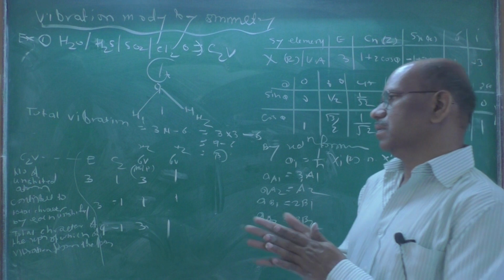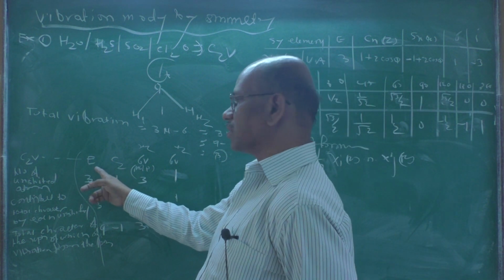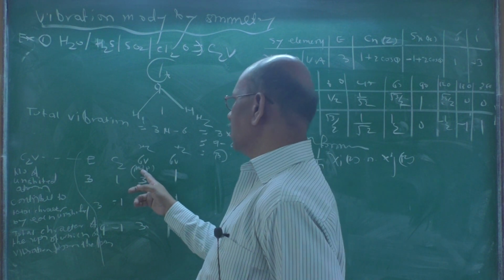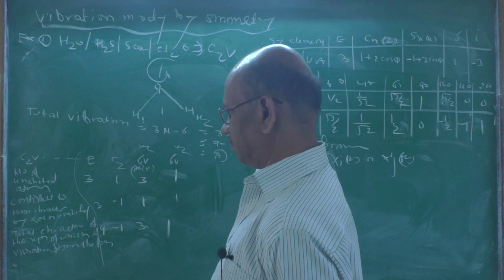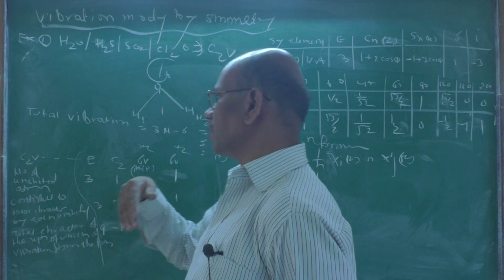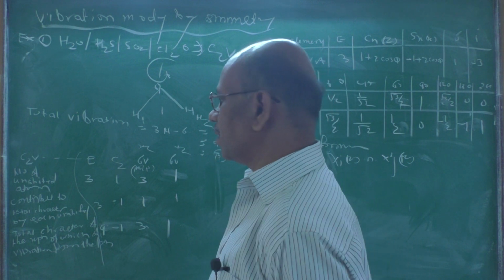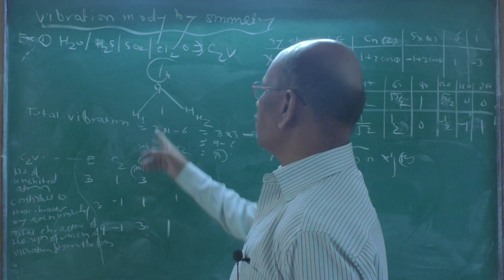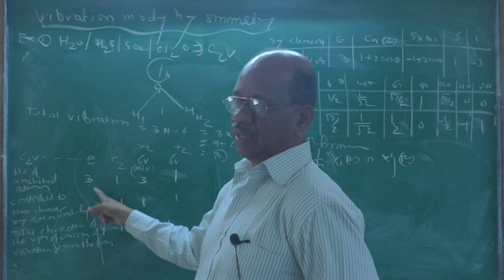For that purpose I have considered C2V. The symmetry element operations are identity, C2, then sigma V XZ, which is the molecular plane, and sigma V, which is the YZ plane. Now we consider the number of unshifted atoms, if we carry out the operation and find out the number of unshifted or unchanged atoms. If we perform identity, all 3 remain unchanged, so I have written here 3.